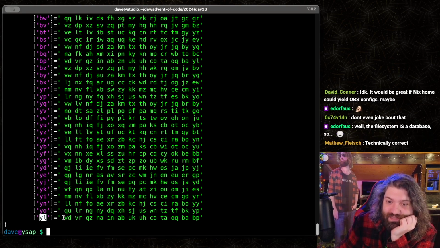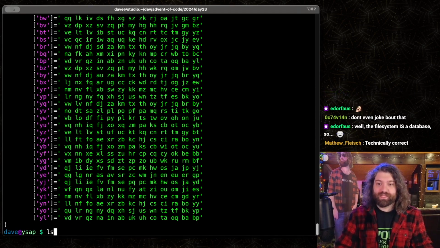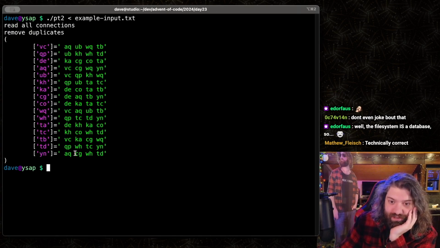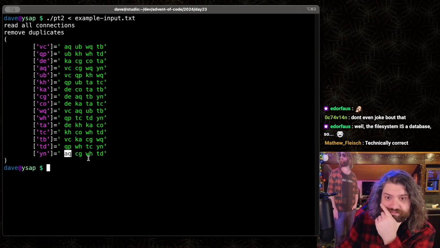Because basically what I want to do is let's just imagine this algorithm, how it would be. YL is connected to all these bad boys. Let's use example input so it's less to deal with. YN is connected to these 4 guys. I would need to jump in to each one of these guys and make sure that AQ has the other 3.